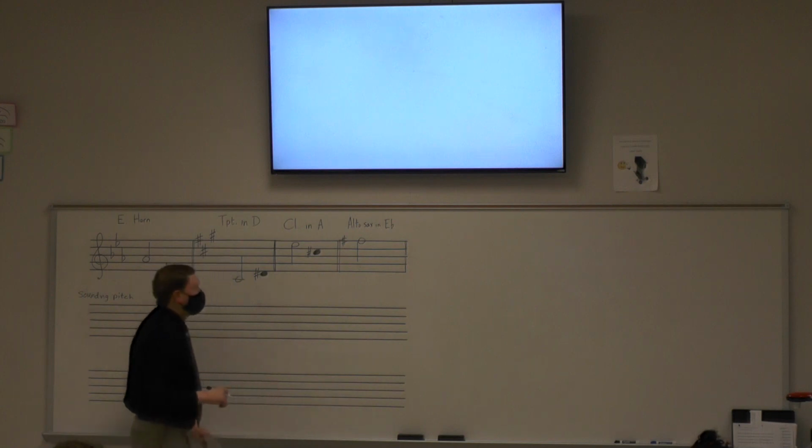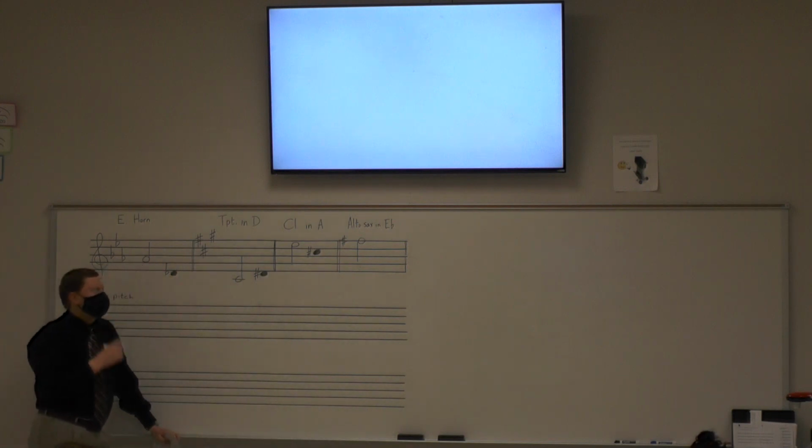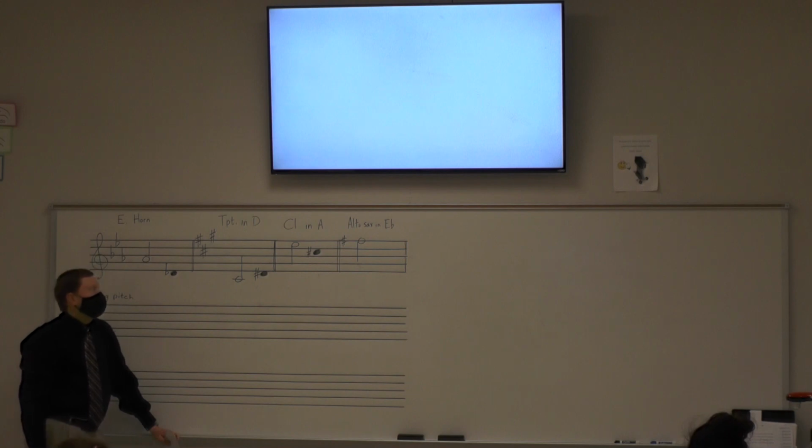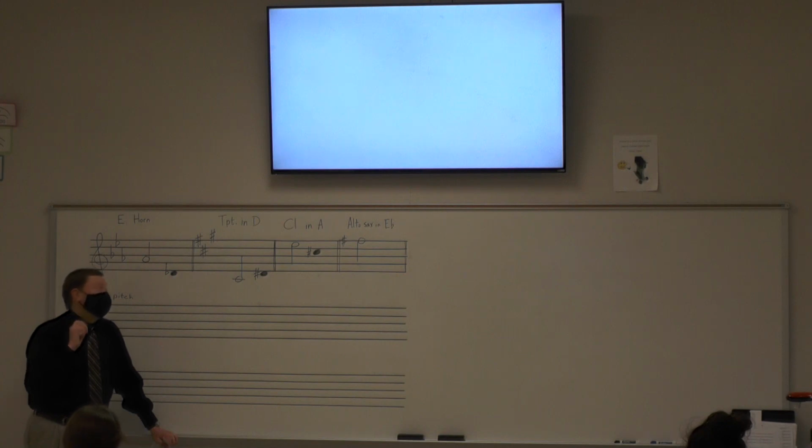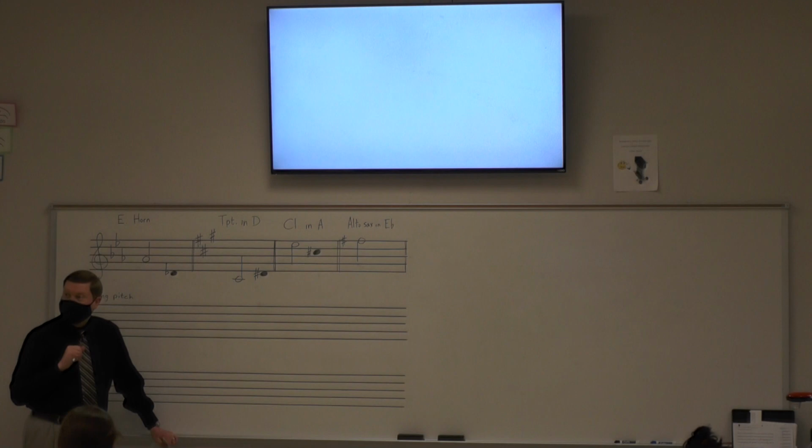And then the last one, this one had the biggest interval of transposition. How does the alto sax in E flat sound compared to its notated pitch? It's actually a major sixth. Right, major sixth down. So, this goes back to last semester.